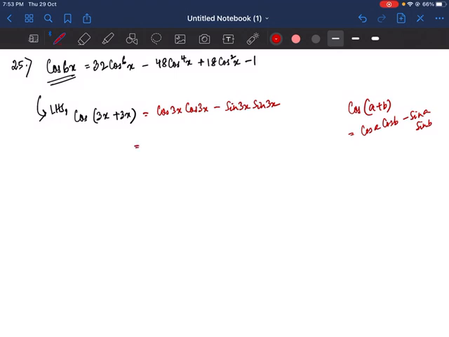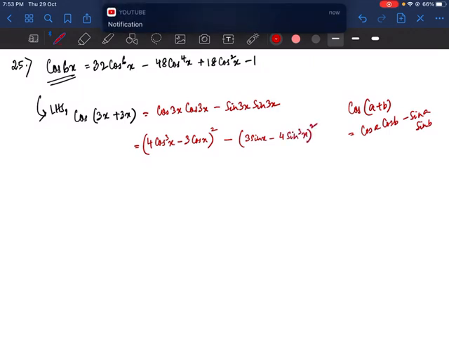The formula of cos 3x is 4 cos cube x minus 3 cos x, whole square. Same thing here: sin 3x into sin 3x, so sin square 3x, which is equal to 3 sin x minus 4 sin cube x, whole square.